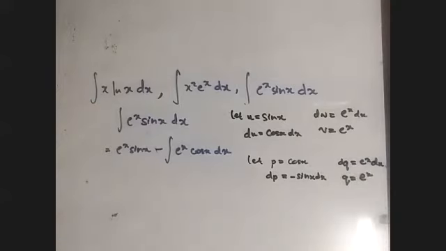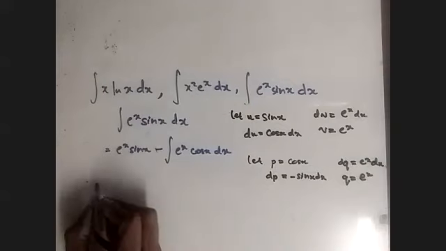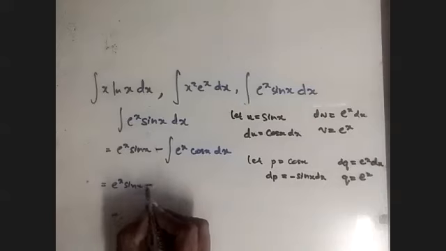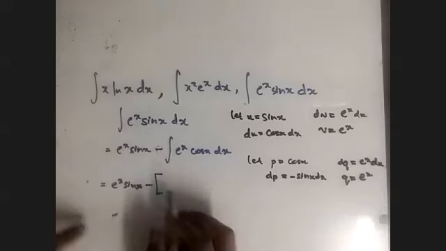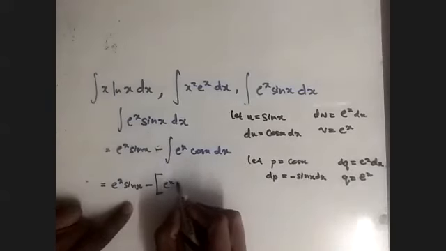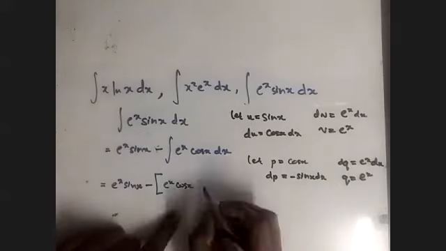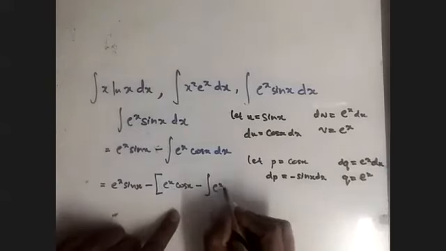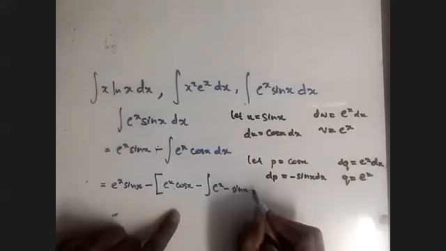Then what we are going to have is e to the x sine of x minus, now this minus is this one, the integration by parts where we multiply the two, e to the x cos of x minus the integral of e to the x times negative sine x dx.